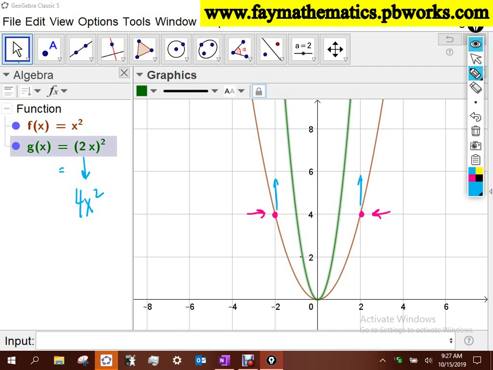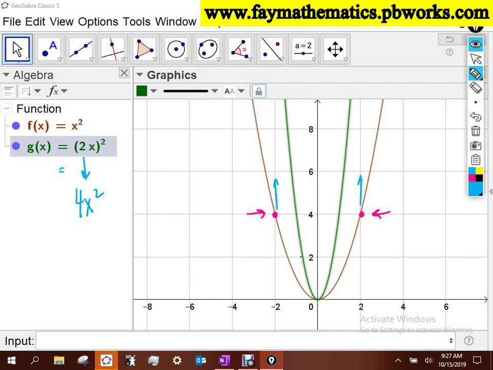So here's the thing with power functions, and with a lot of our functions actually, it's going to be hard for us to see graphically. They're not going to give you a graph and say, tell me what the stretch was, or tell me what the compression was, okay? Because the vertical stretch might look like a horizontal compression. Does that make sense? Or a vertical compression might look like a horizontal stretch.